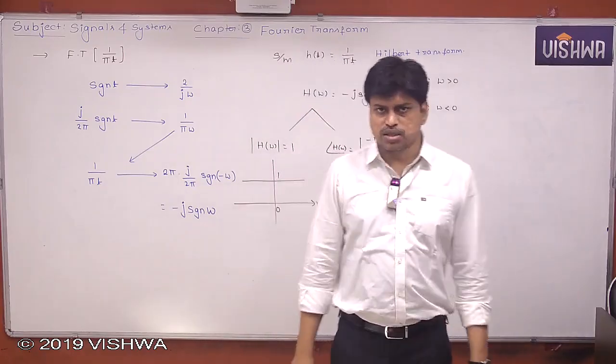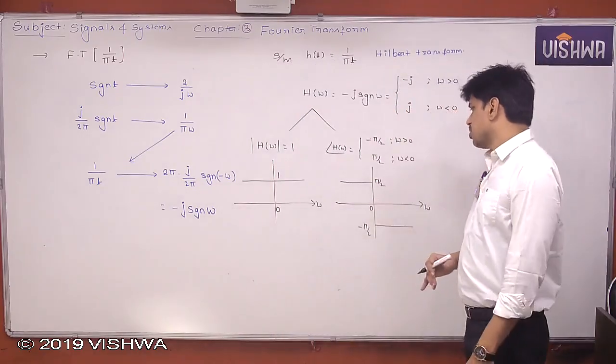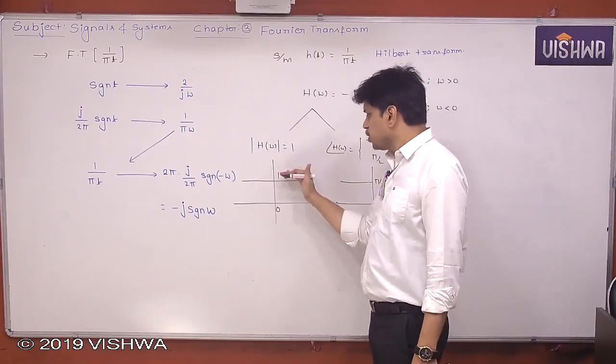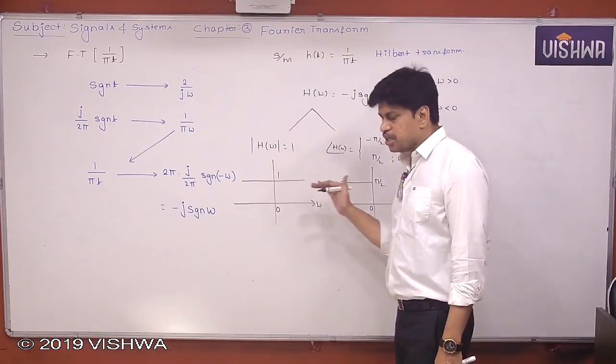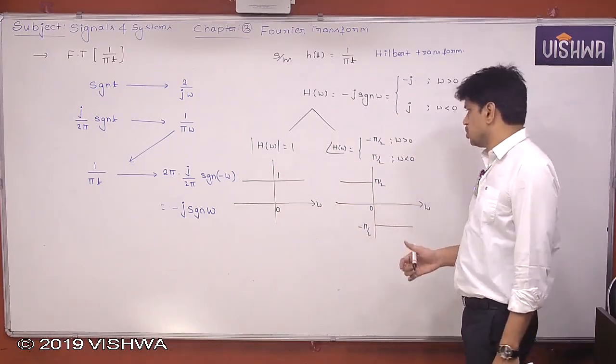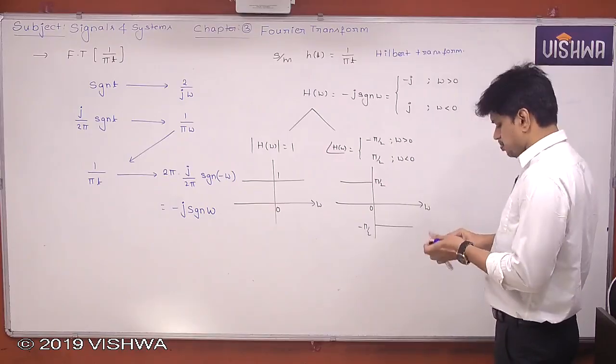So in short, what will the Hilbert transform do? It is not going to change the magnitude of the given signal, but it is going to introduce a minus pi by 2 shift in the signal. So I am just writing those words.